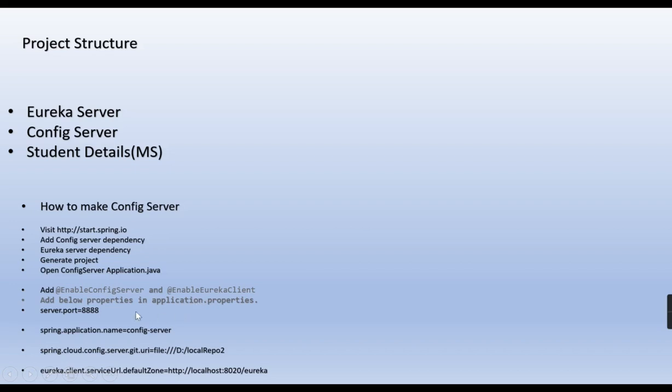After that we need to open application.properties. There we have to mention server.port, spring.application.name, and the default zone. So default zone is a URL, and that is for Eureka registration.